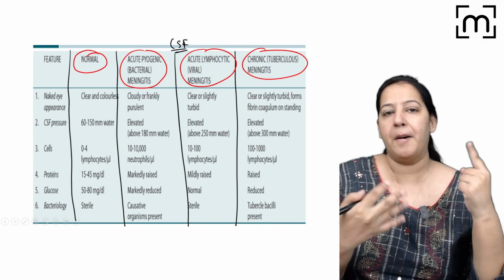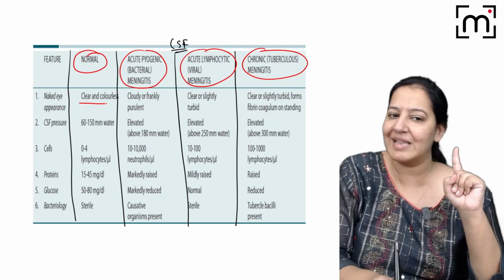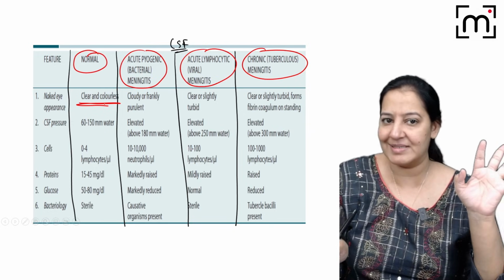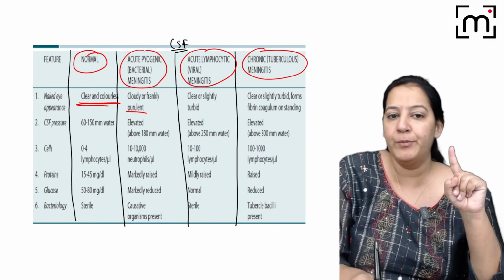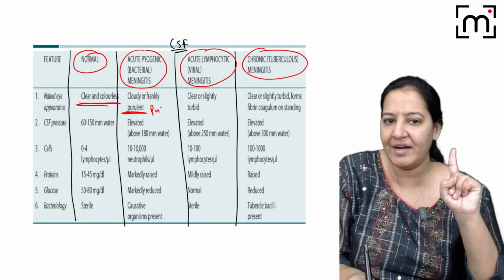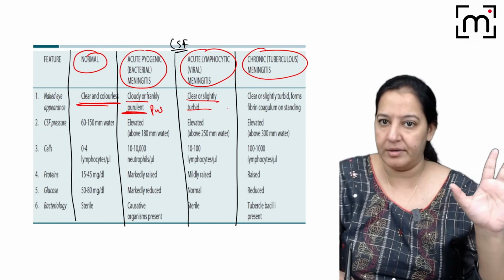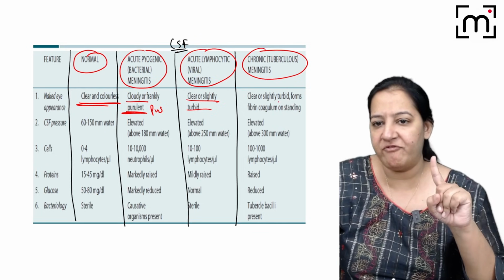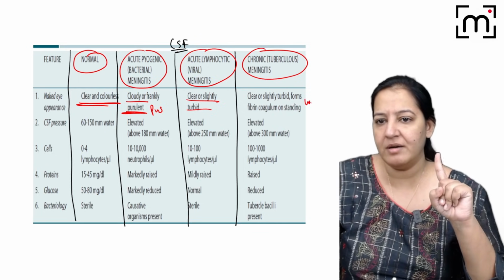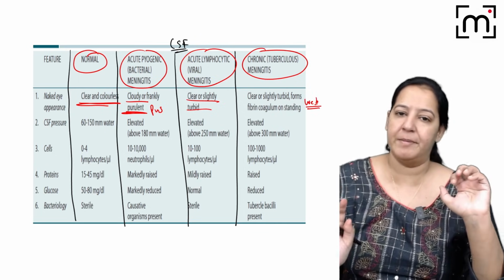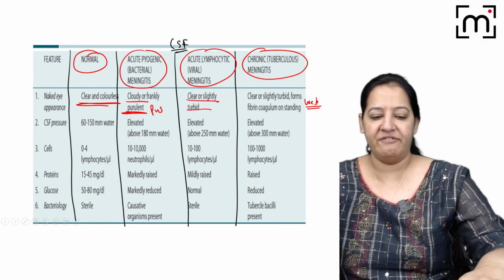First you compare the appearance. Normally the appearance is like water, clear, colorless. But in acute bacterial it's purulent, pus, and cloudy. In acute viral again it's clear and colorless like water. In the chronic one it is web formation, fibrin web formation, cobweb appearance. So based on the appearance these are the findings.